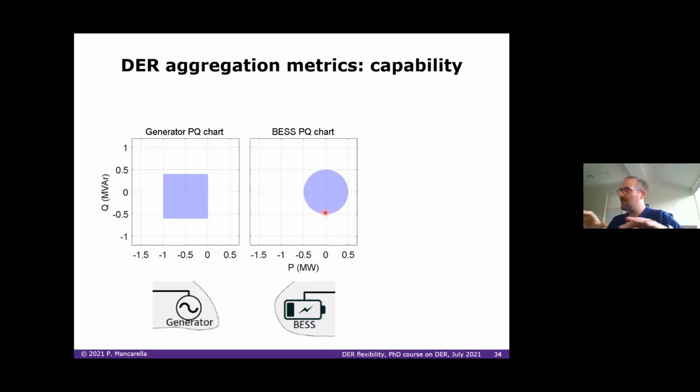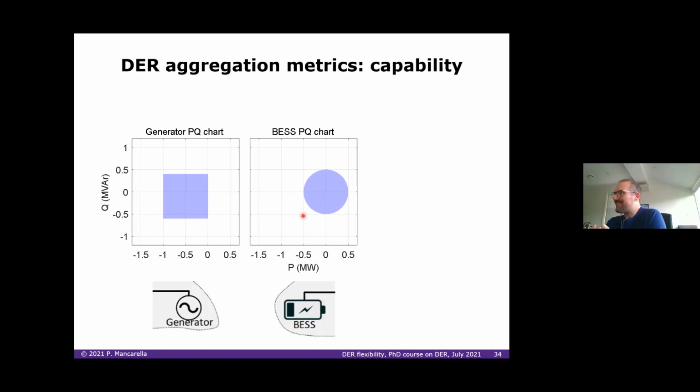Depending on the energy level you have in the battery, you can discharge or you can charge, but you can also very flexibly inject or withdraw reactive power. And then you have a quadratic constraint on the operation of the inverter. I believe you've seen this also in the previous lectures, but in any case, it's straightforward.